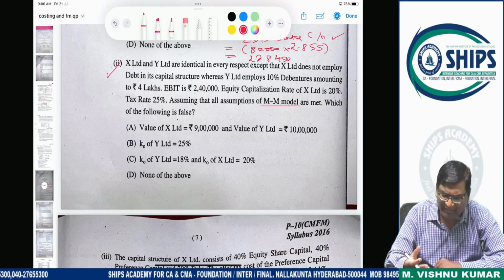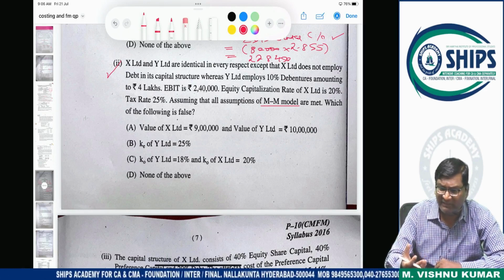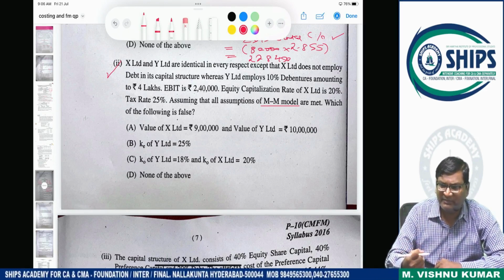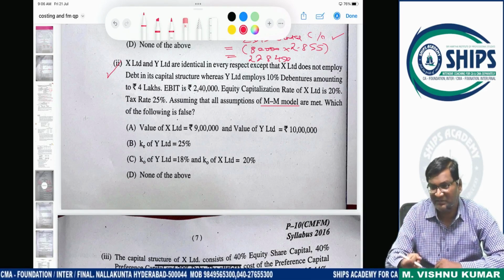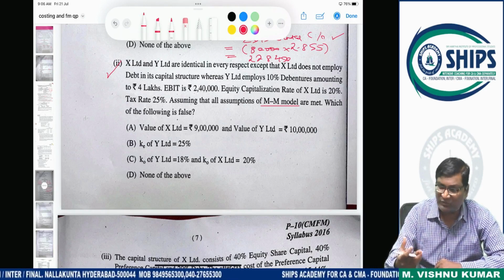Whenever a Modigliani-Miller model is given, compulsorily one company will be a levered company and another will be an unlevered company. A levered company means the company in which debentures are there. An unlevered company means the company in which no debentures are there. So we have to calculate the value of the levered company and the unlevered company.